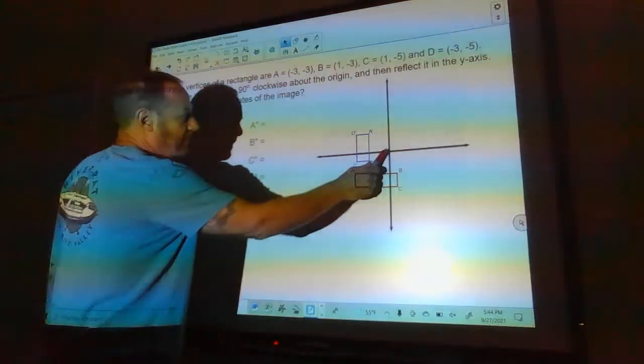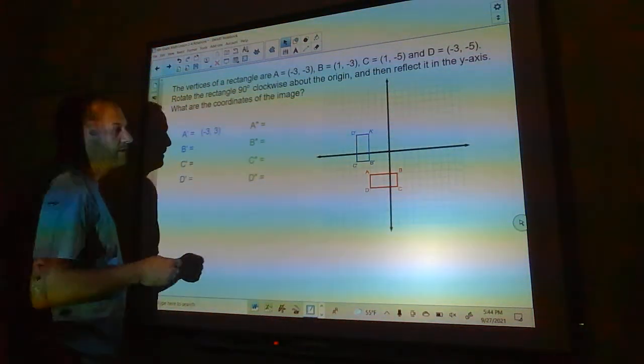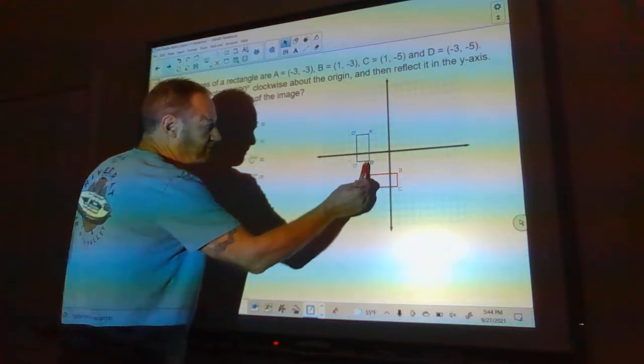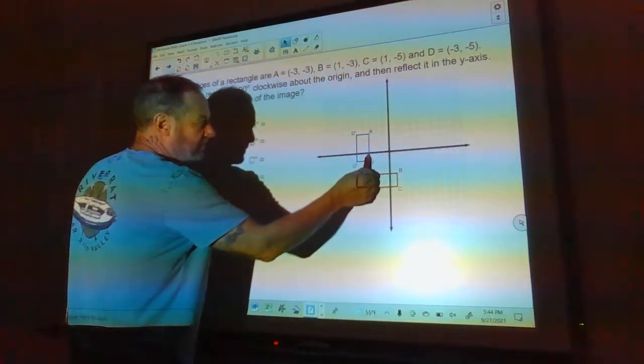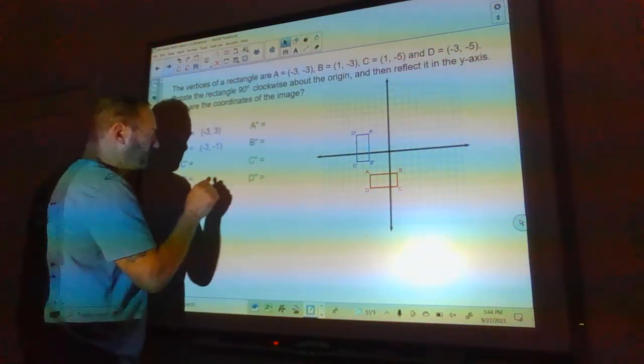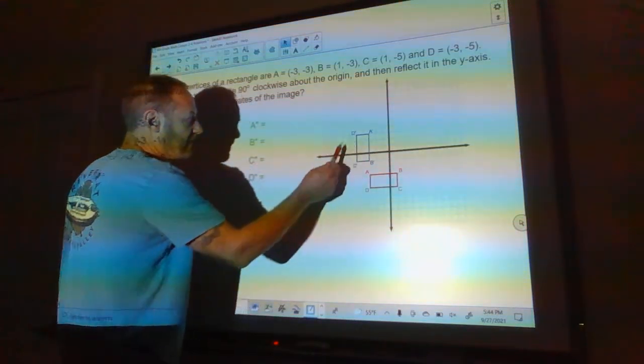So A prime is now negative 3, positive 3. B prime is now negative 3, negative 1. C prime is now negative 5, negative 1. And D prime is now negative 5, 3.